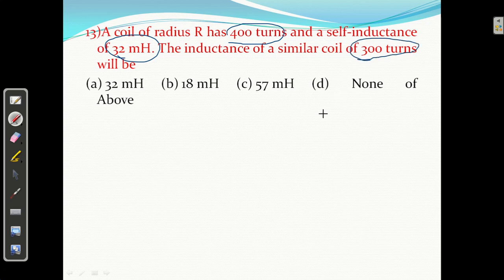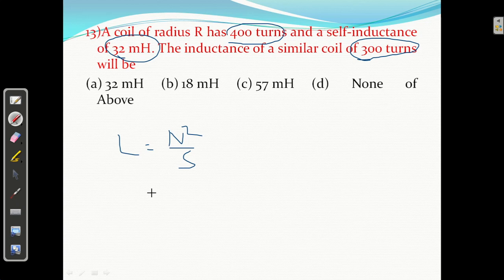If you reduce the number of turns, what will happen? If the number of turns is reduced, inductance will be reduced because we know inductance L equal to N square upon S. Clear?